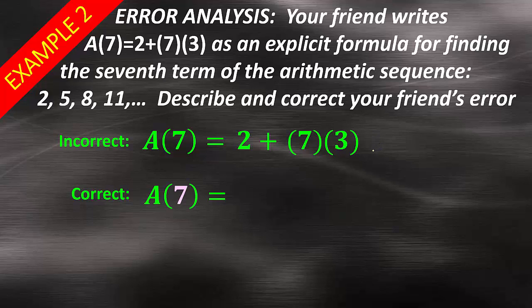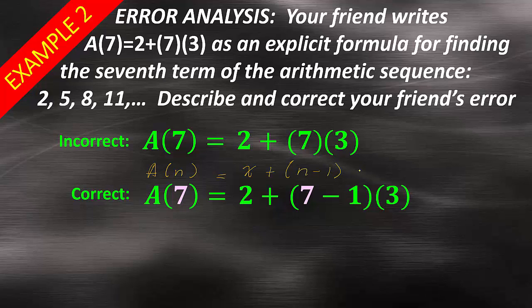And the reason why is because the correct way of writing it is, if you remember from yesterday, our formulas all look like this: a sub n equals, and then whatever this number is, we'll call it x, plus n minus 1, and then times, we can call that y. Not that those are just any variables.